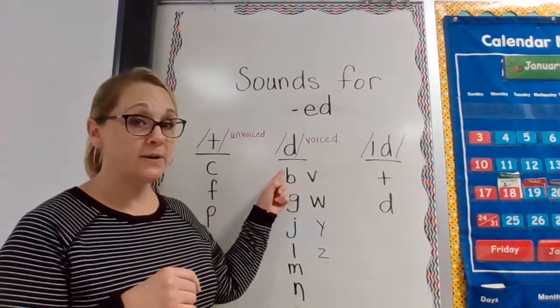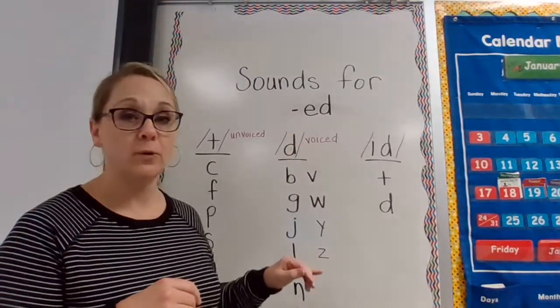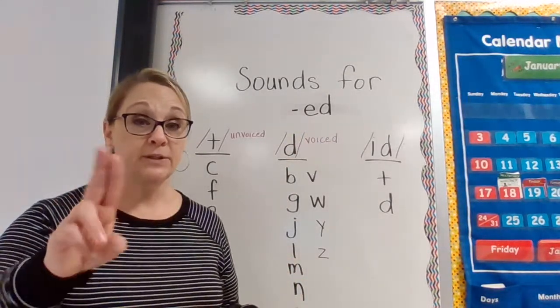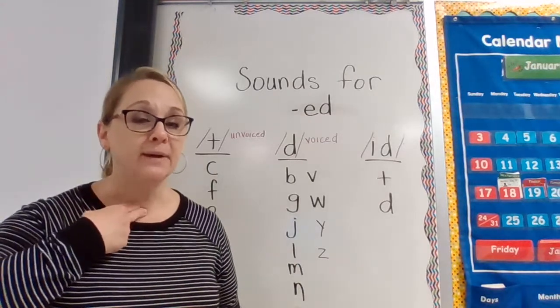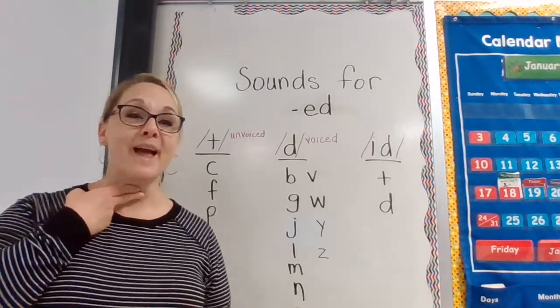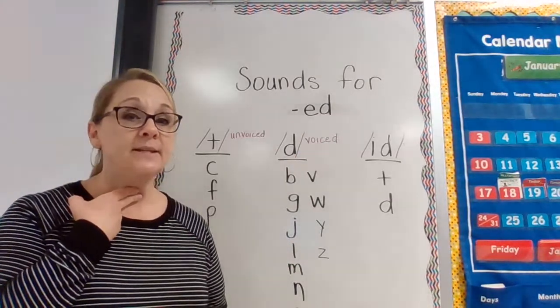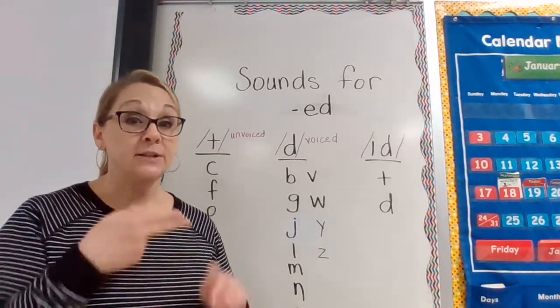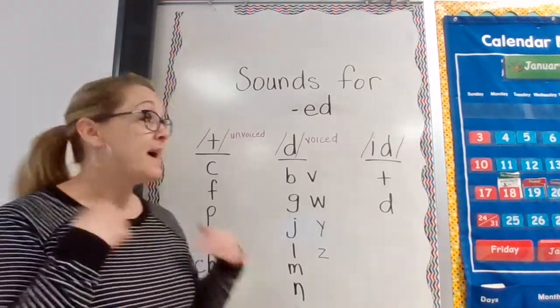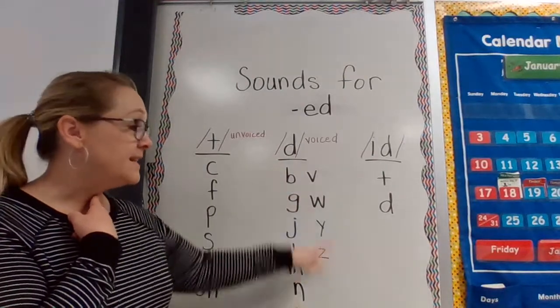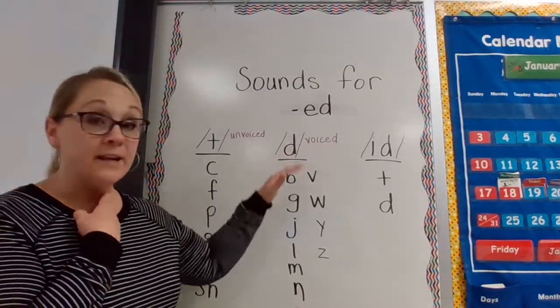Now let's go over the voiced sound for inflected ending ed, which is d. Put two fingers on your throat. You're not jabbing it, just lightly laying your fingers on your throat. Say the sound for D, d, d. Did you feel your fingers wiggle? That means you're using your voice. So let's name all these sounds because they're voiced. You're going to feel it.